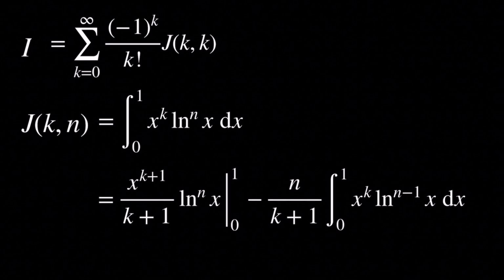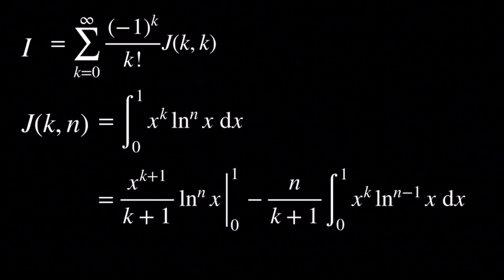To compute J of k, n, we're simply going to use some induction and some integration by parts. So if we integrate by parts, what we get is x to the k plus 1 divided by k plus 1 times natural log of x to the n, which we're going to evaluate between 0 and 1, minus n over k plus 1 times the integral from 0 to 1 of x to the k times natural log of x to the n minus 1 dx.